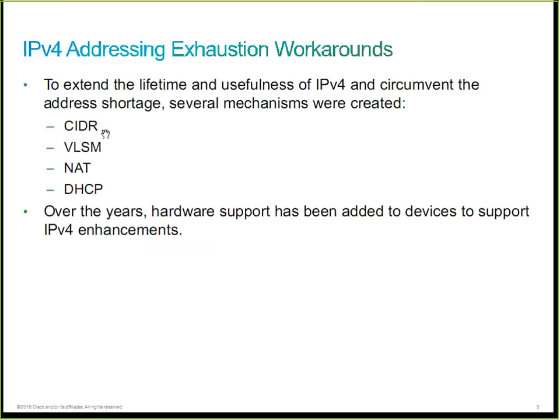But at certain times you want to break down an address space into smaller and smaller subnets. That is, you break down one large address space into smaller subnets, and then you further break it down into even smaller subnets. That is what is called variable length subnet mask. So you're manipulating the subnet mask further and further, and breaking down the address space further.